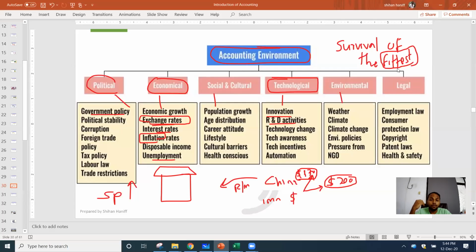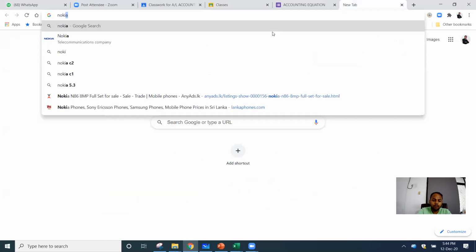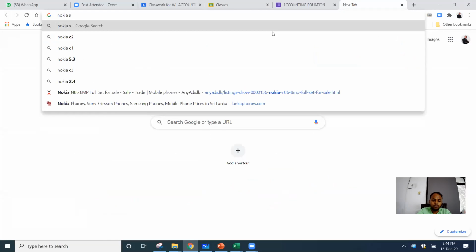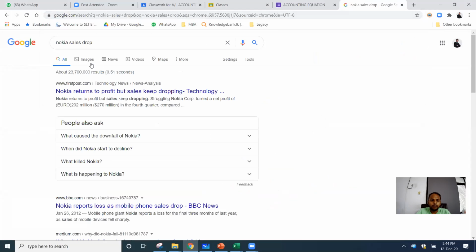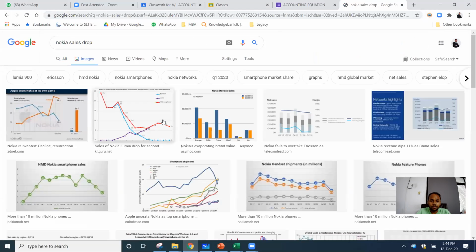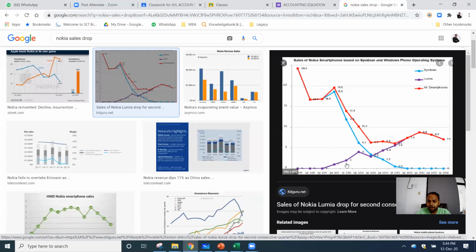If you know the background of the Nokia mobile phone, right? Here we can see one graph.